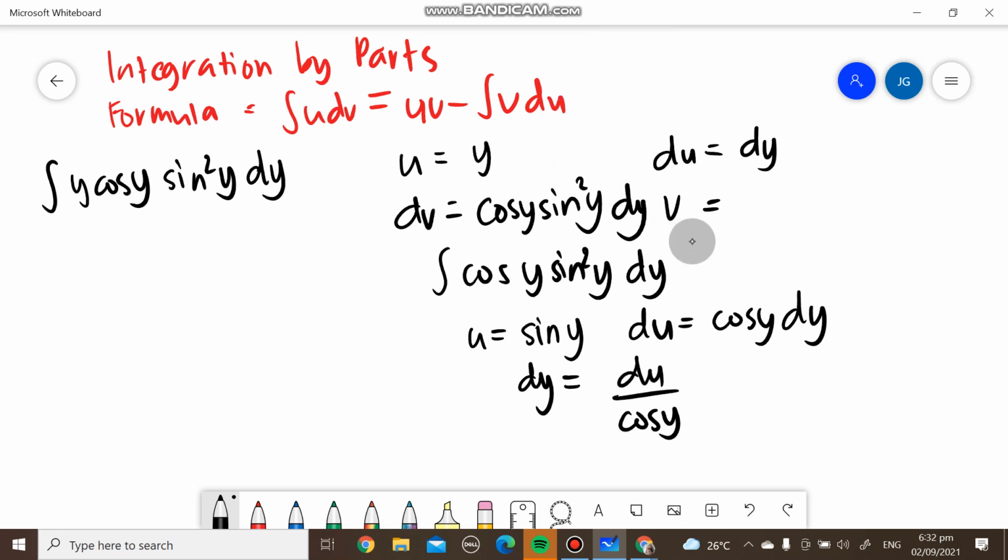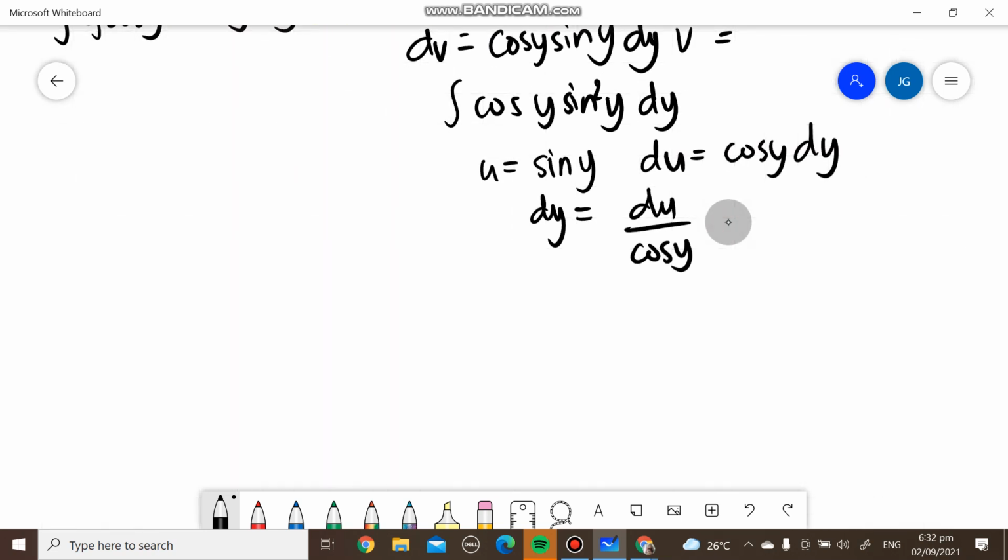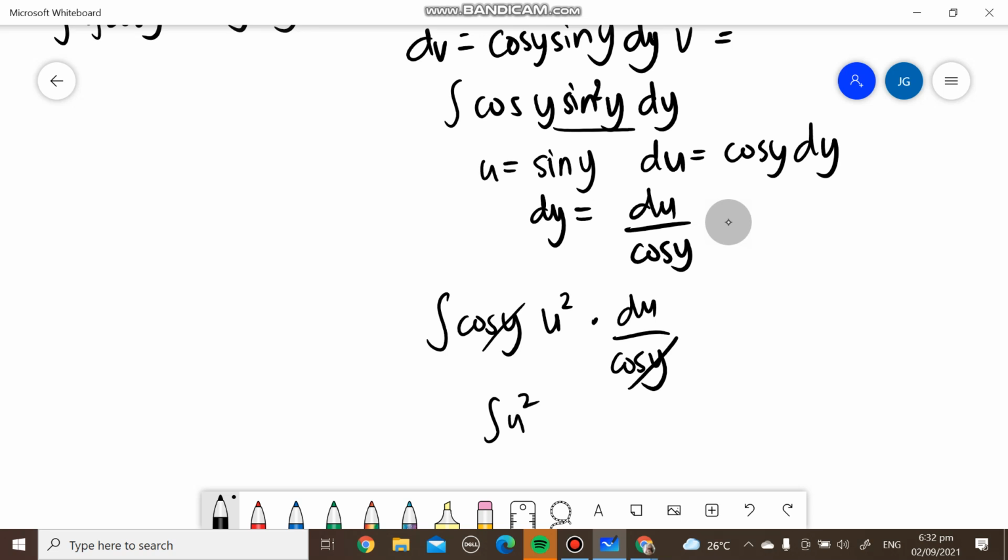So, let's integrate. Through integration, we will obtain the value of cosine y sine squared y. Set na natin siya, sine y as u raised to 2, multiplied by the dy value, which is du all over cosine y. So, makakancel na to, and we will be left with the integral of u squared du, which is just u cube over 3 using the power rule.